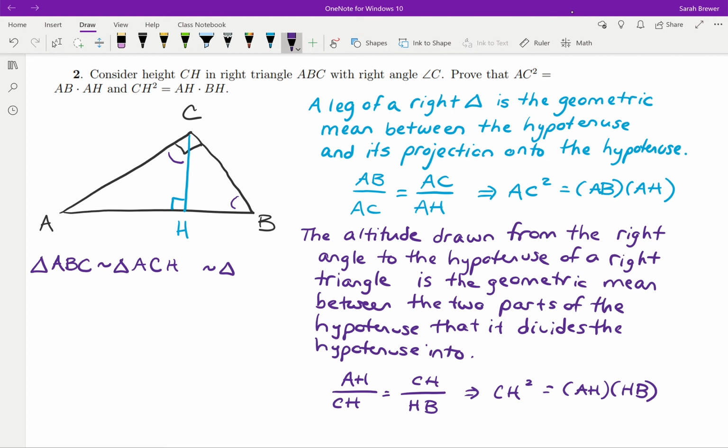So again, in my original triangle, angle B is going to be in the same place. H corresponds to the right angle, and this angle corresponds to angle A. And so I want to call that triangle CBH.